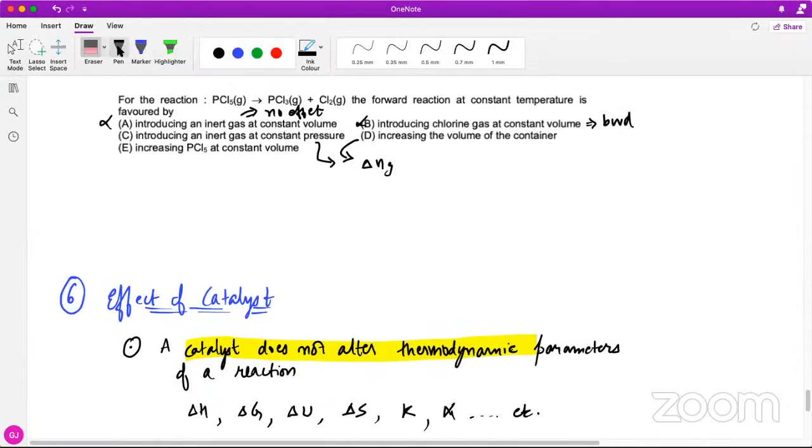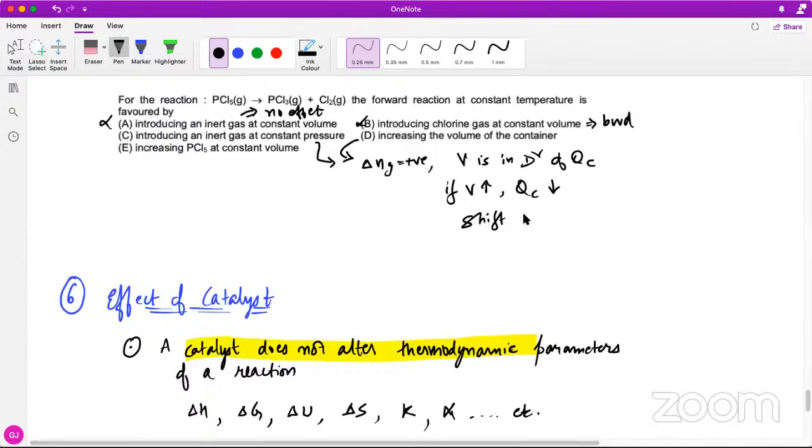Right? So what was the thought process? It is positive, meaning V is in the denominator of Qc. So if V increases, then what happens to Qc? It decreases. That implies the shift is in which direction? Forward. So these two, C and D, will be my answers.